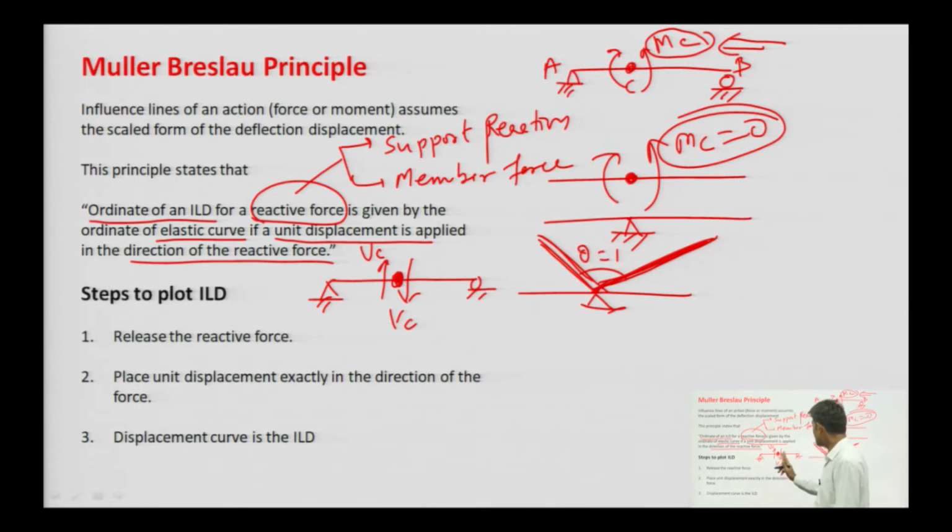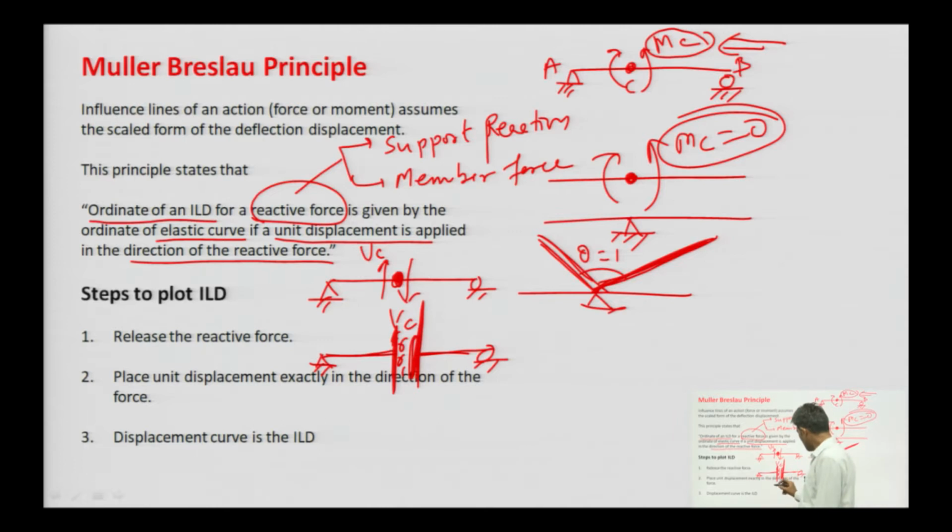and how will the strength be released? Provide a cut at that point, or you provide this type of arrangement, which means this one member is free to move in an upward or downward direction as per the availability.